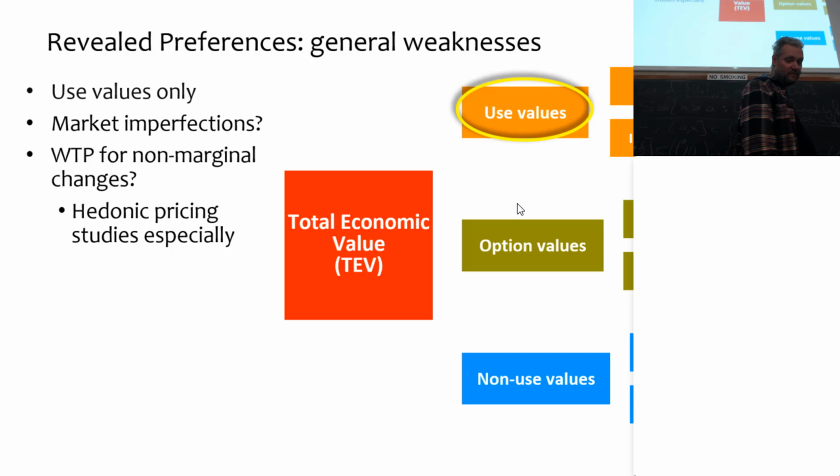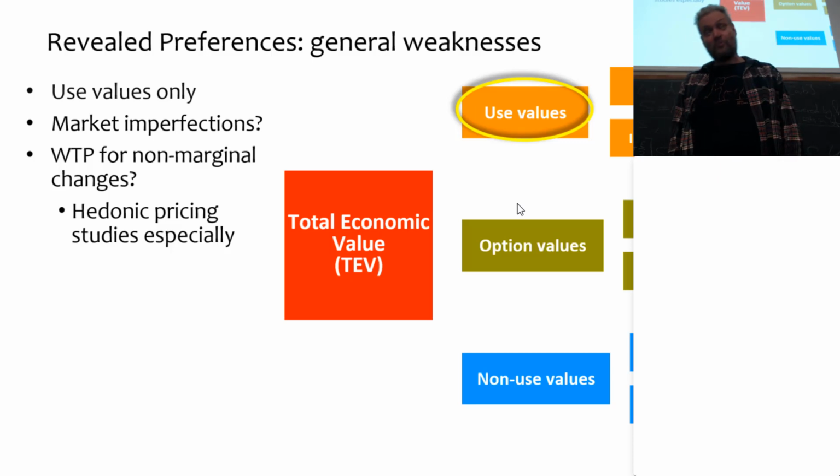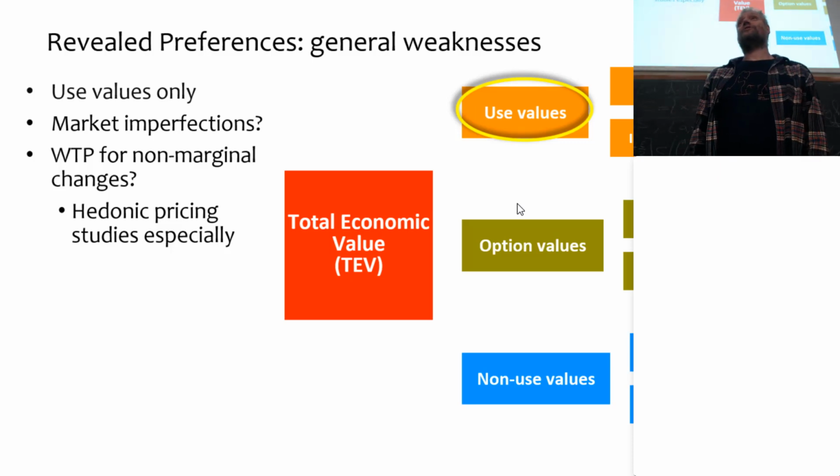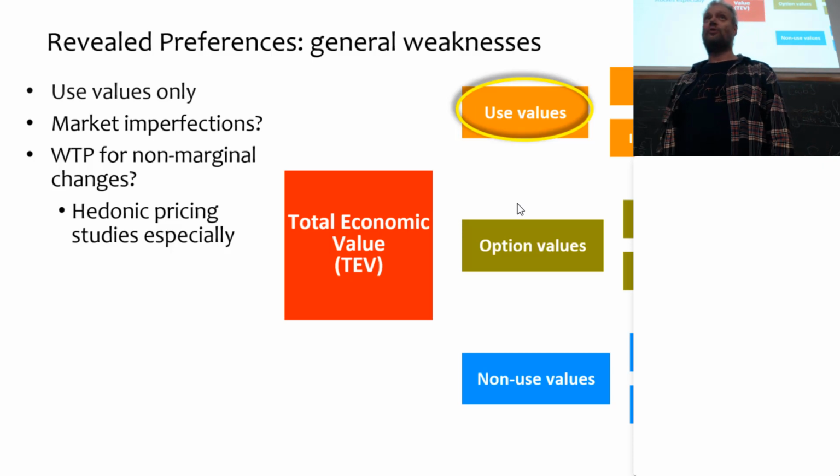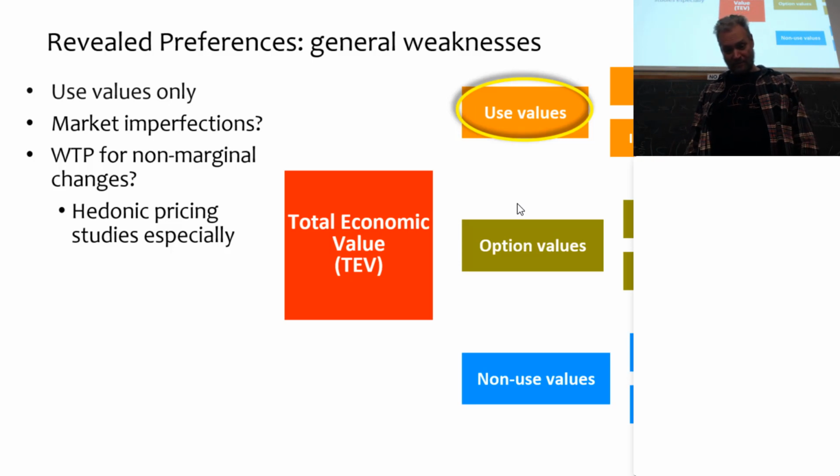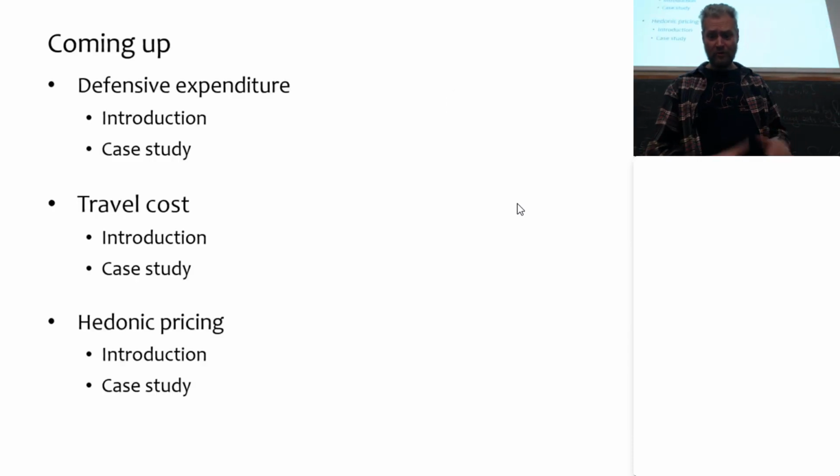And of course, as I said before the break, this works at the margin. This works for relatively small changes in the environment or in the market, or for incomes for that matter. It does not work for large changes. So that's the general overview.